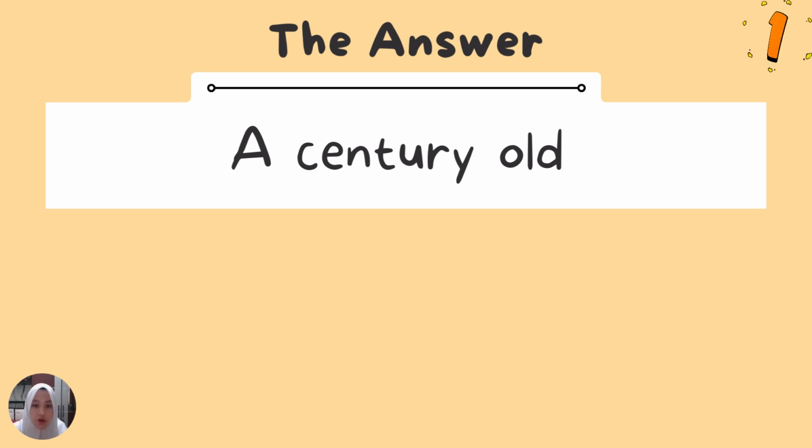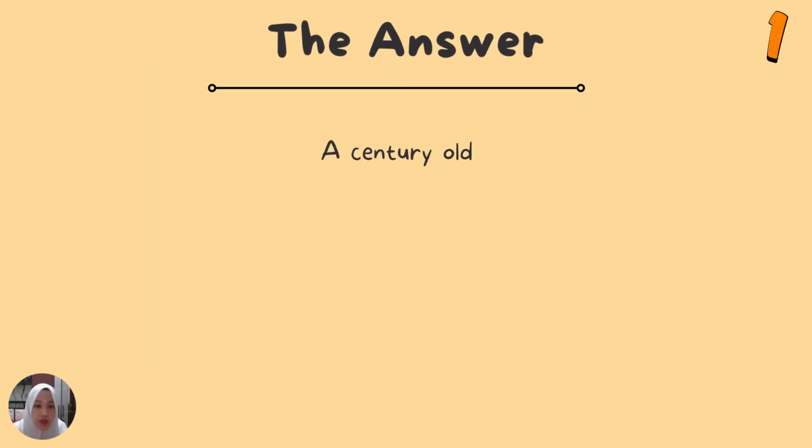So we can conclude that 100 years make 100 wide bands and narrow bands, which means the same as 1 century. The answer can be in the form of a word with the same meaning, or a synonym. So the answer is a century old. So let's move to question number 2.